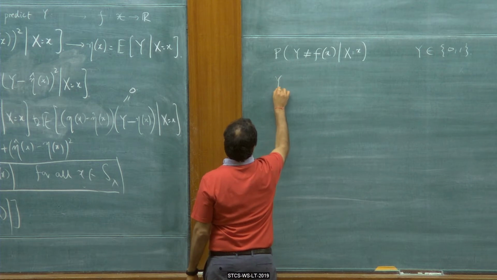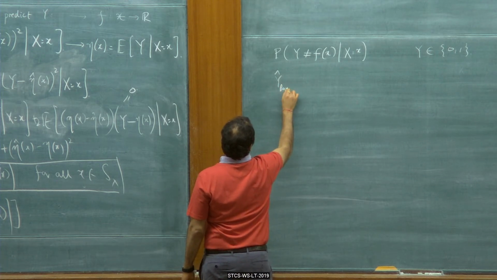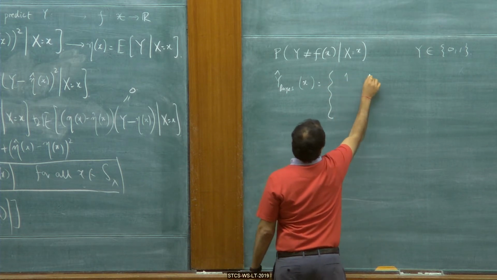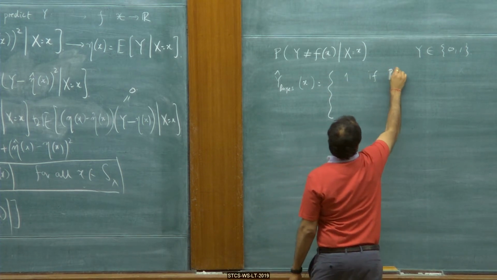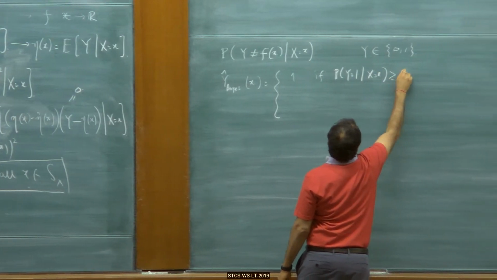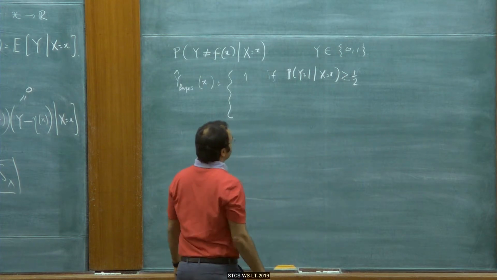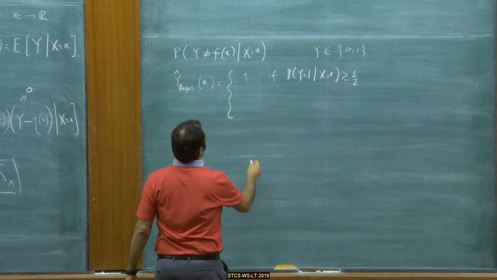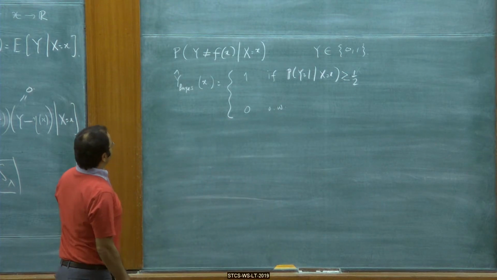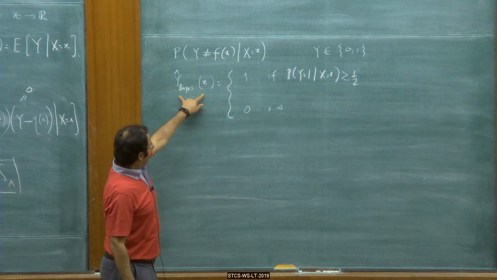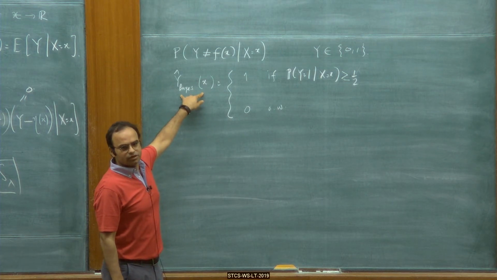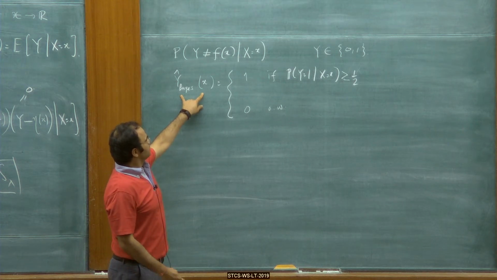In particular, y hat of Bayes equals 1 if the probability of y equals 1 given x equals x is greater than or equal to half, and I'm going to break ties in favor of 1 for equals to half, and 0 otherwise. Okay, and the misclassification error induced by the Bayes estimator is the Bayes error, and in a sense that's the best you can do.